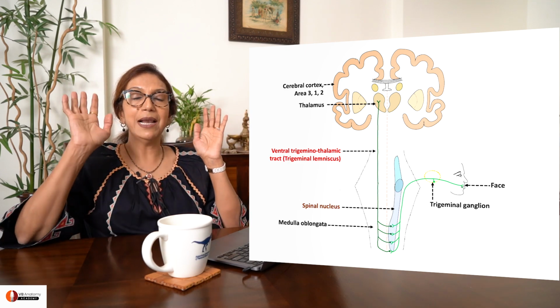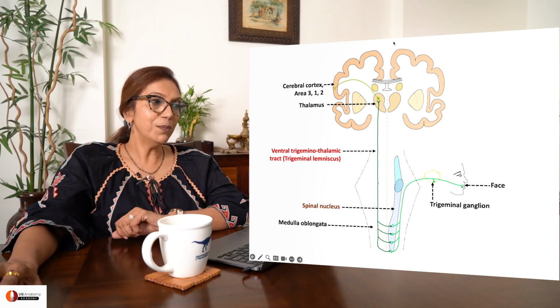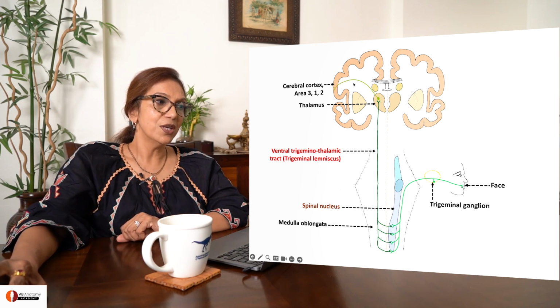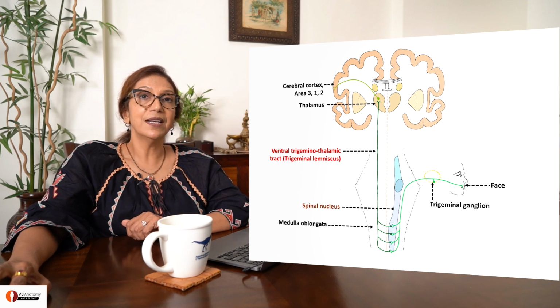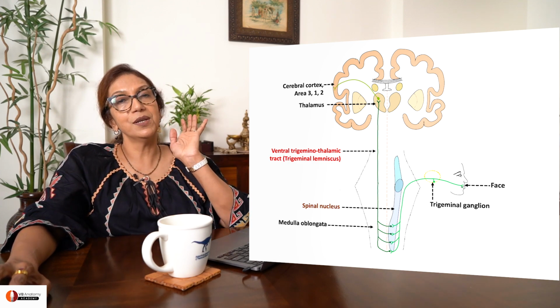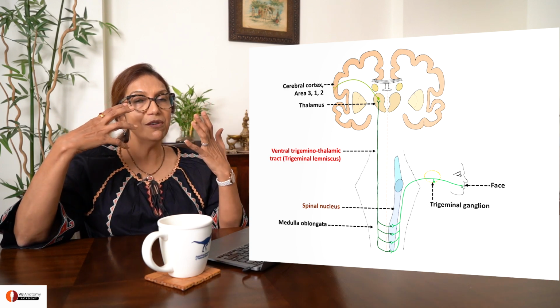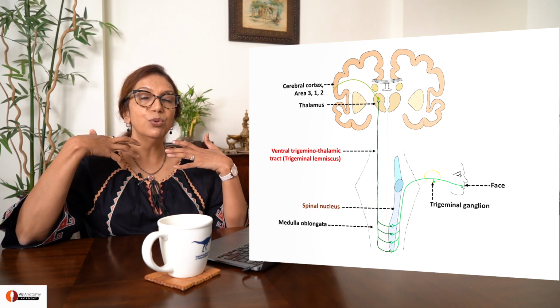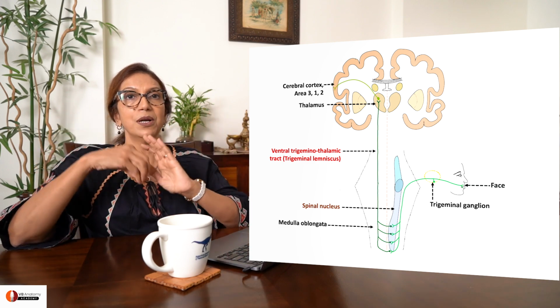Now thalamus is aware that there is sensation of pain from the face. From the thalamus, fibers will emerge and relay into the cerebral cortex, and cortex will recognize that there is pain from the region of the face. This is how pain and temperature from your face passes through all this to finally get recognized as pain in your cerebral cortex.